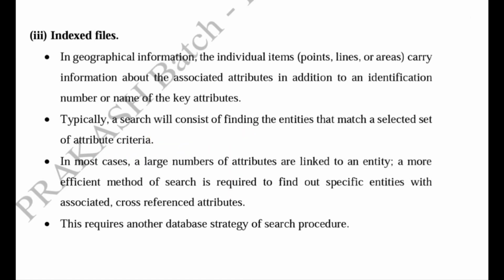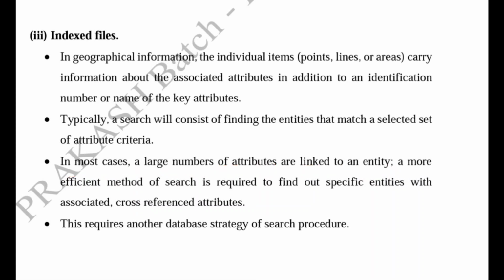In most cases a large number of attributes are linked to an entity. A feature can have many attribute data and many characteristics, so a number of attributes may be linked to an entity. So a more efficient method of search is required to find specific entities with associated cross-reference attributes.